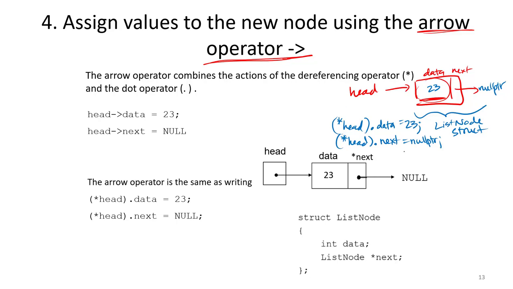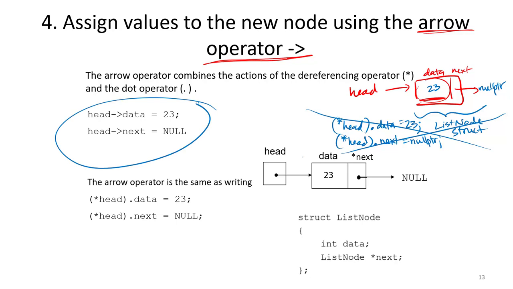So you could write code like this and it would be valid and it would be correct, but this is not what programmers typically do. People decided that it's too much of a pain to write asterisk head dot data or asterisk head dot next. So instead of doing this, we use what's called the arrow operator.